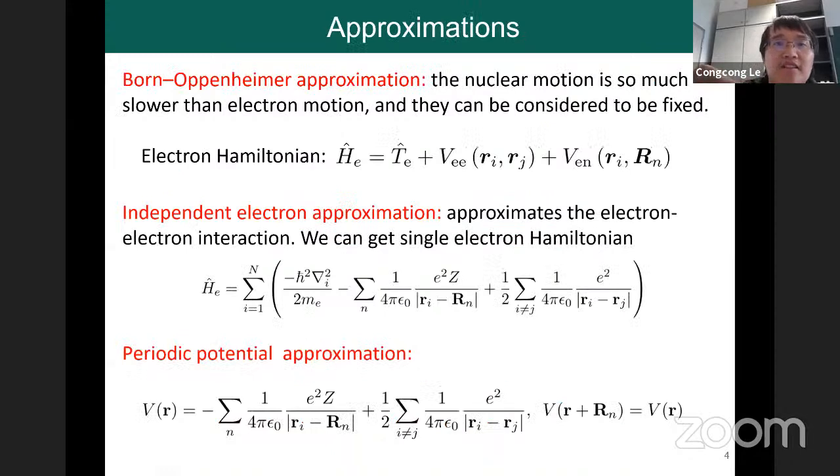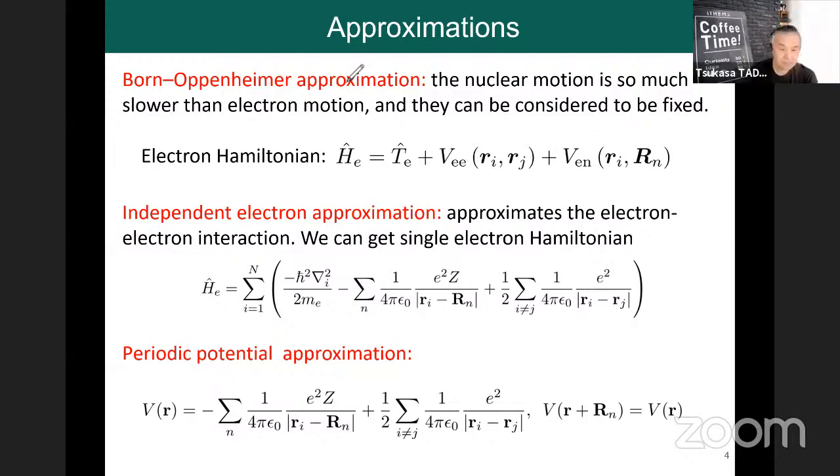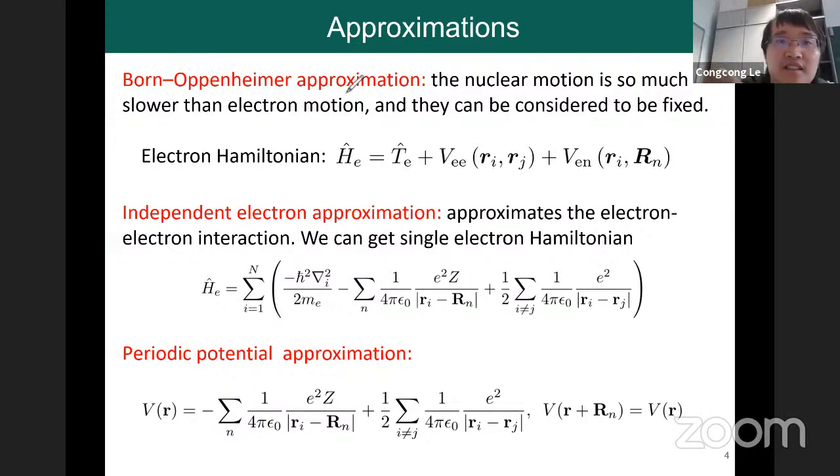Okay, the first approximation is the Born-Oppenheimer approximation. It means the nuclear motion is much slower than the electron motion, and the nuclei can be considered to be fixed. So we can separate nuclei and electrons. Then we can get the electron Hamiltonian like this formula.